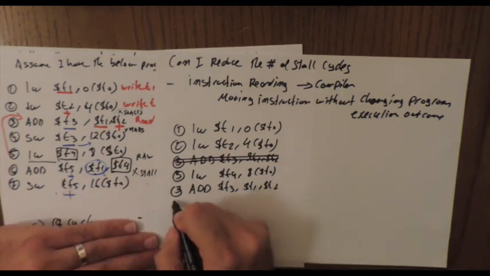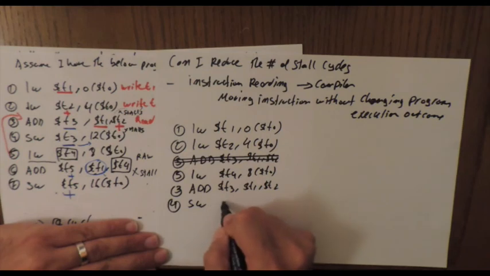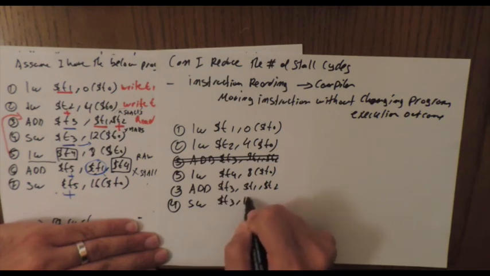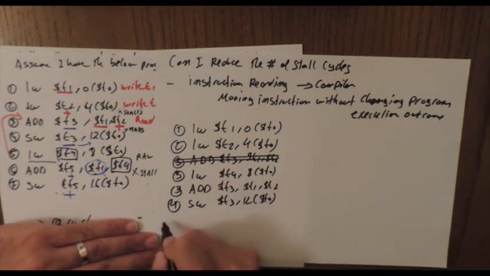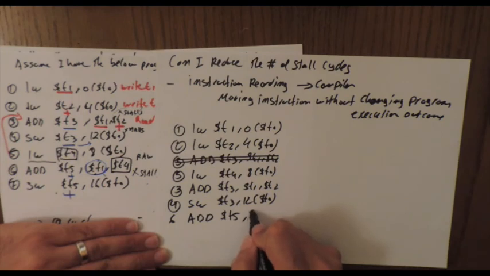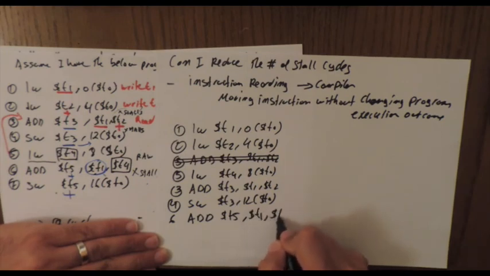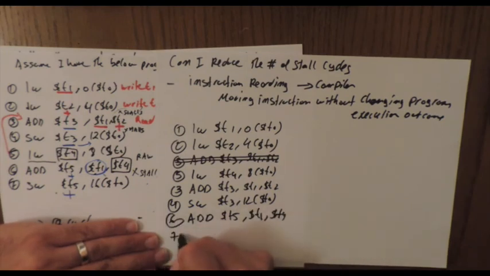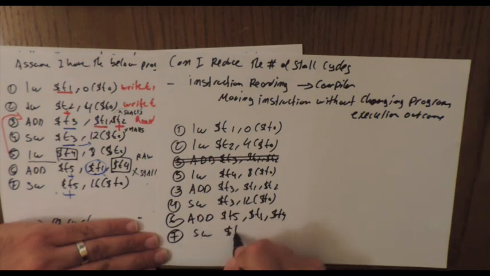Then I'm going to continue with 4, which is SW T3, 0. 5 we already placed. For 6 I'm going to add T5, T1, T4, and then 7 I'm going to do something.